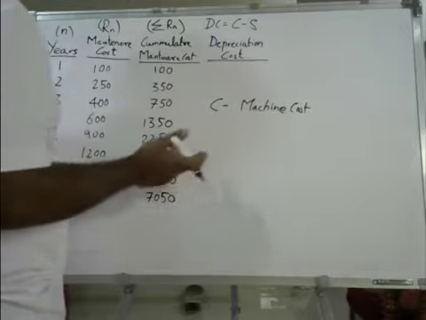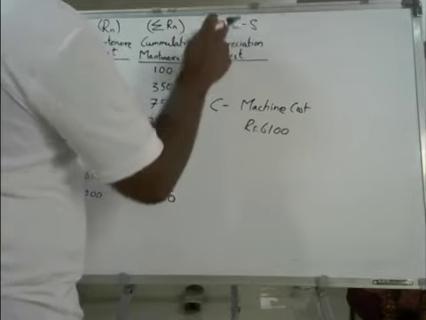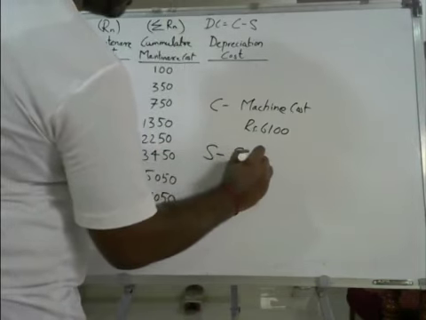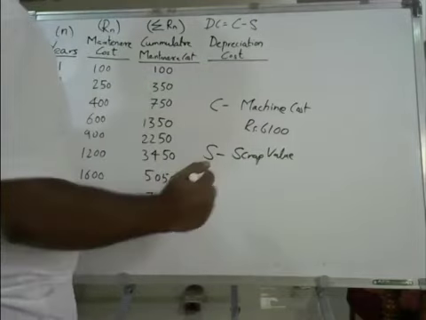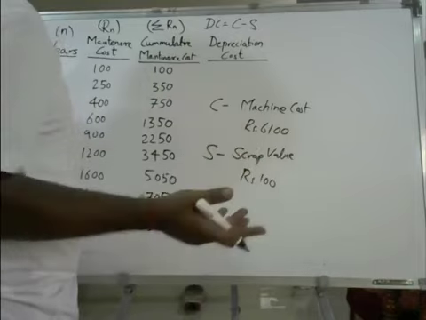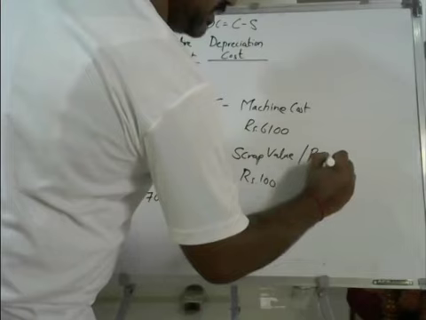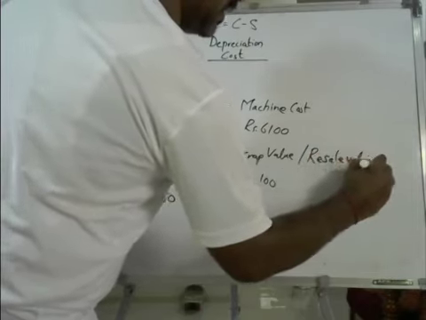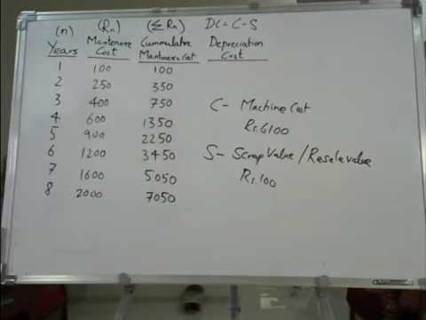How much is the machine cost? It is rupees 6,100. Now what is S? S is your scrap value. How much is the scrap value? Rupees 100. The scrap value can also be given in problems as resale value. The scrap value and the resale value are both one and the same.